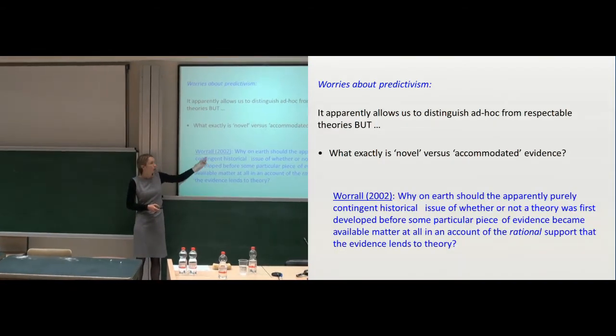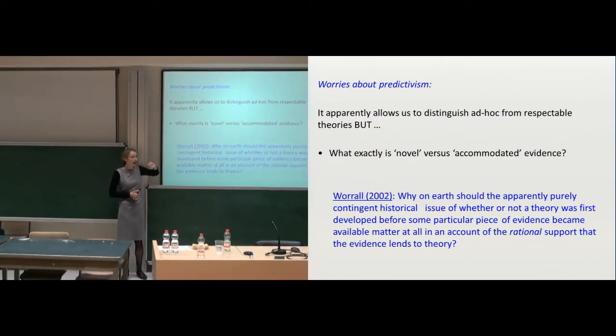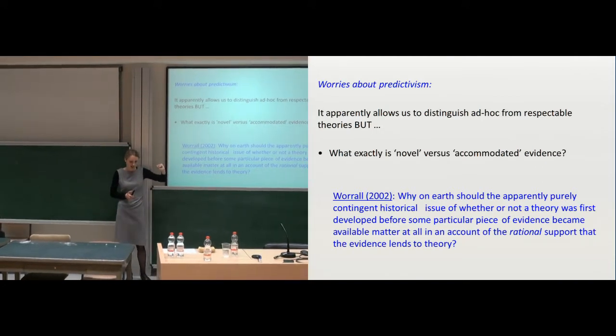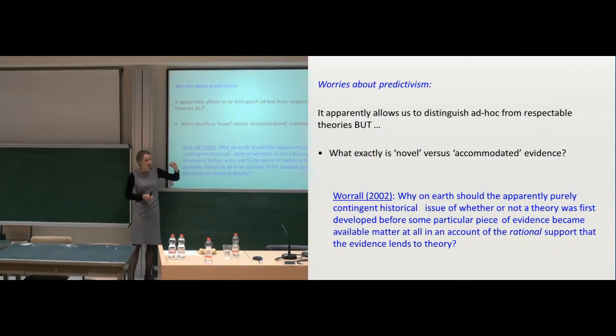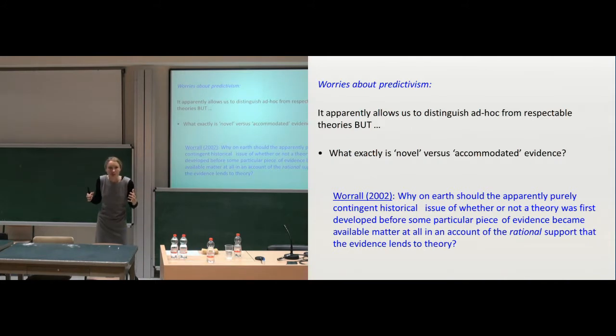So this is Worrall, who's a big proponent of this idea of use-novelty. But he's concerned about this issue, because he wants confirmation not to be about psychological issues of the experimenter, how they came up with the theory, how they found the evidence, that type of thing.